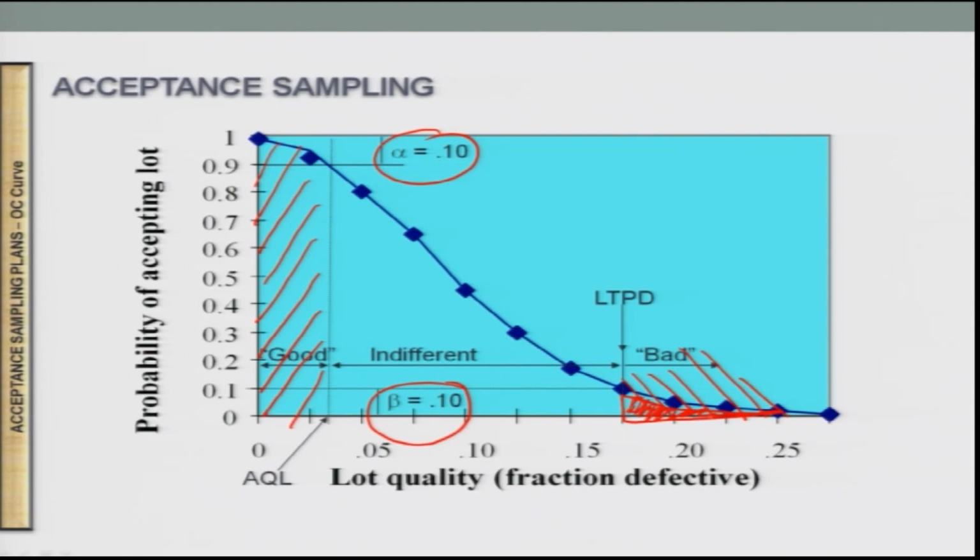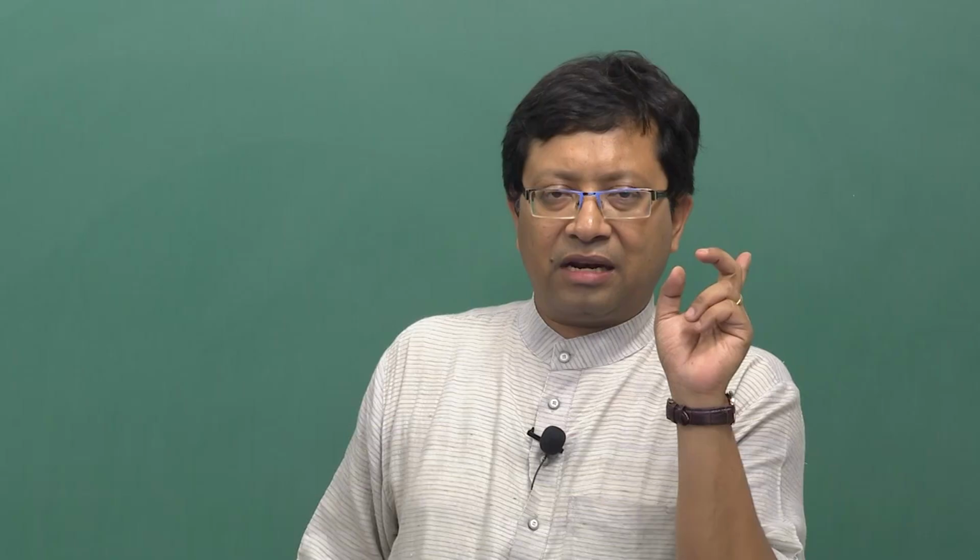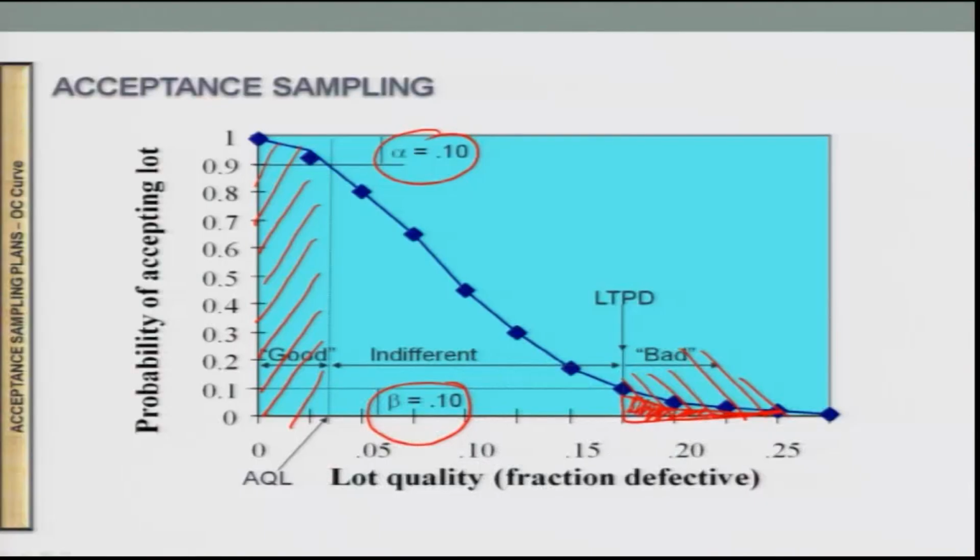Now, what you technically do is that, depending on the n, c and capital N values, you have some lot quality fraction defective and the probability of acceptance, whatever is given. You go vertically up, find the point, and find out, for example, the probability of accepting that particular lot depending on the lot quality fraction of defects.